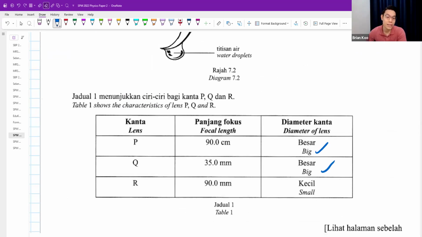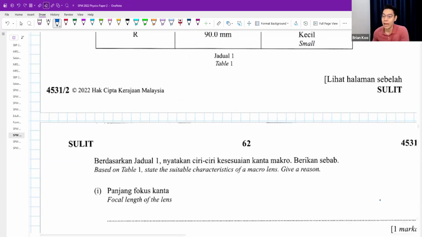And actually, there was a mistake in this paper where the focal length, we want it to be longer. But this is supposed to be in mm. It's just that they made a mistake. They put cm eventually. But we're not going to write the number. We're just going to write, okay, I want a longer focal length. Okay, but let's see why. Focal length I want longer.